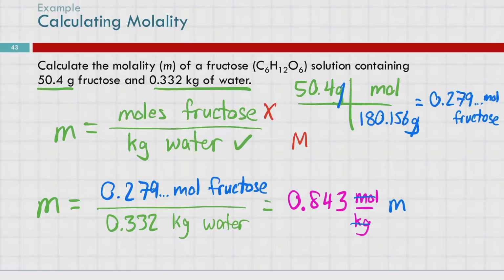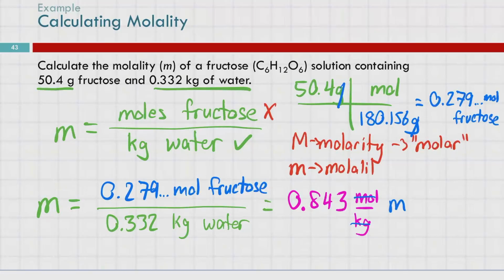So with capital M, that's molarity. And we pronounced it how? Molar. We dropped the itty. For molality, lowercase m, we do the same thing. So say it with me, that would be molal.